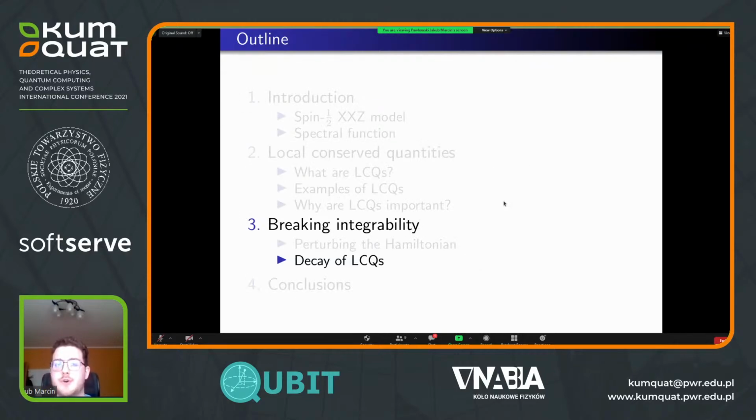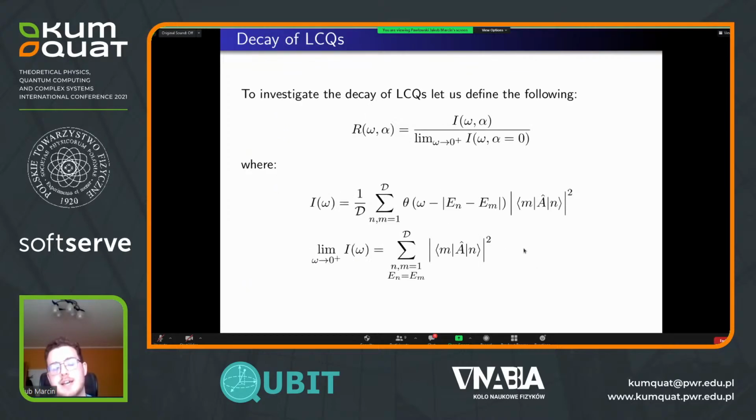All right, so we now want to study the decay of the two examples of LCQ that I mentioned previously. In order to do that, we will define the following quantity, this R as a function of omega and alpha. This is just the following quotient: the integrated spectral function divided by the infinite time limit of the integrated spectral function.